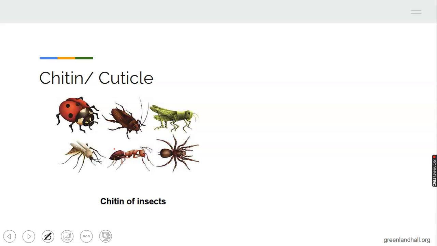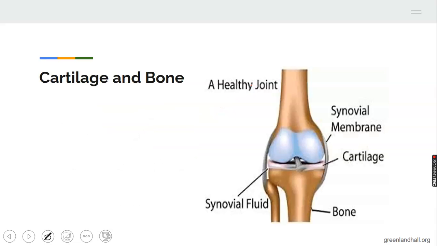So the outer part is called the chitin. The cartilage and bone are found in vertebrates. As we can see, the cartilage is a white tissue there, in between two bones.